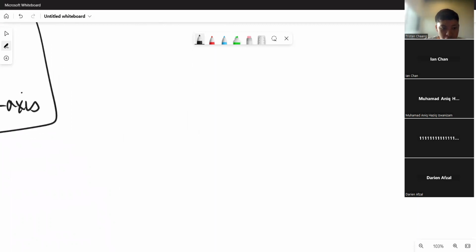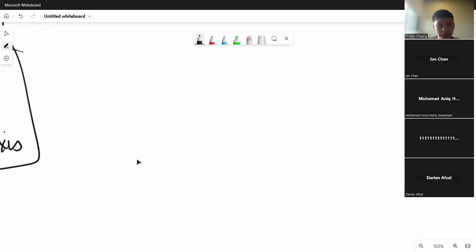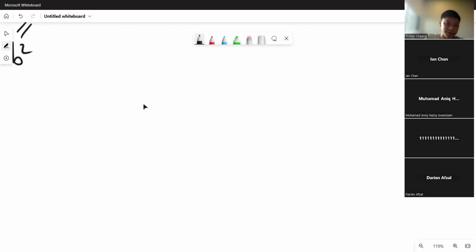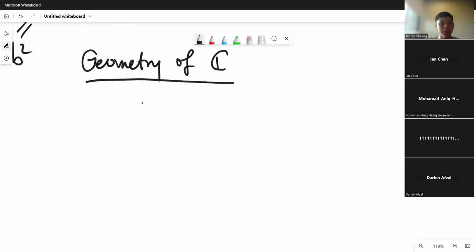Now, let's look at the geometry of complex numbers, even though this is an algebra class, but it's worth mentioning that there's a lot of geometry behind complex numbers. So we already saw one property just now. If you apply conjugation, we essentially reflect across the x-axis. So let's see what happens for more properties of complex numbers.